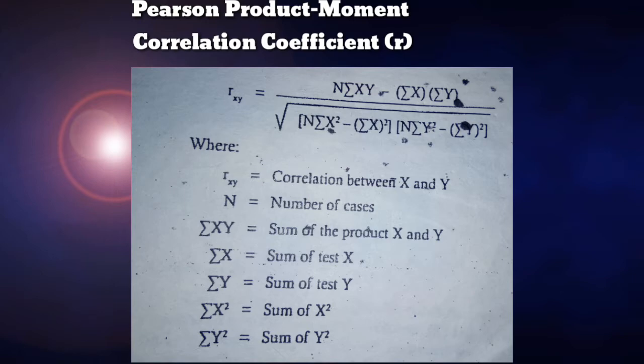So rxy, the correlation between X and Y, is equal to N, the number of cases, times the summation of the product XY, minus the summation of X multiplied by the summation of Y, all over the square root of N times the summation of X squared minus the quantity summation of X squared, and N times the summation of Y squared minus the quantity summation of Y squared. So that is the formula of the Pearson product moment correlation coefficient.